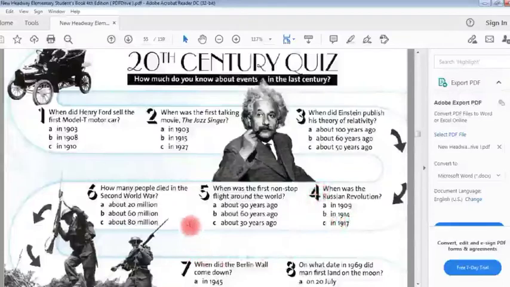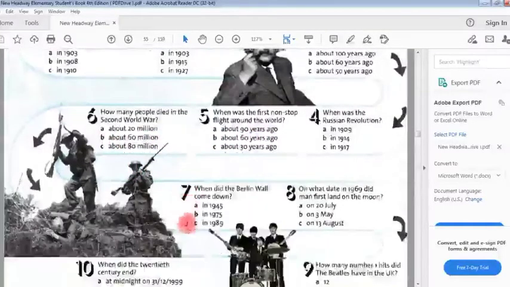The first non-stop flight around the world was about 60 years ago. 6. About 60 million people died in the Second World War. 7. The Berlin Wall came down in 1989. 8.